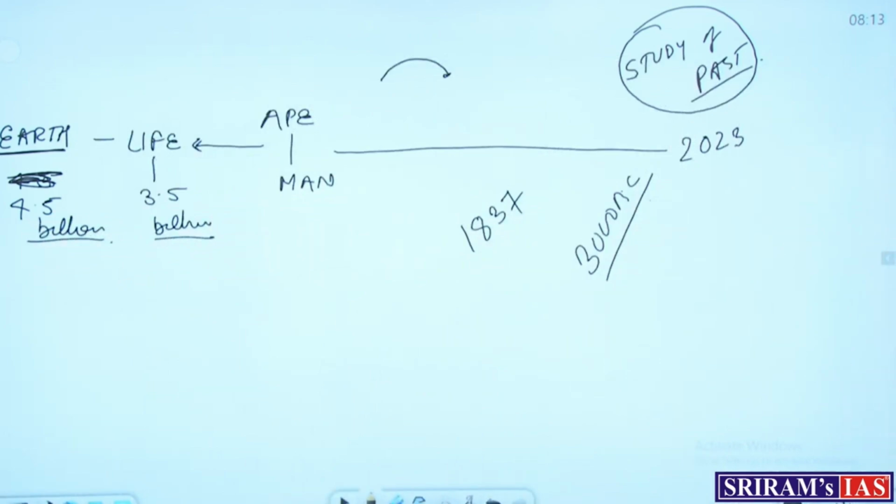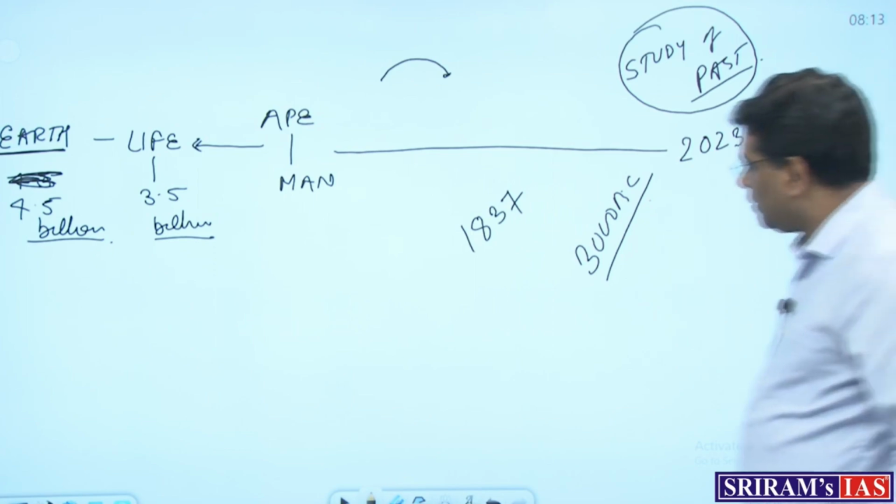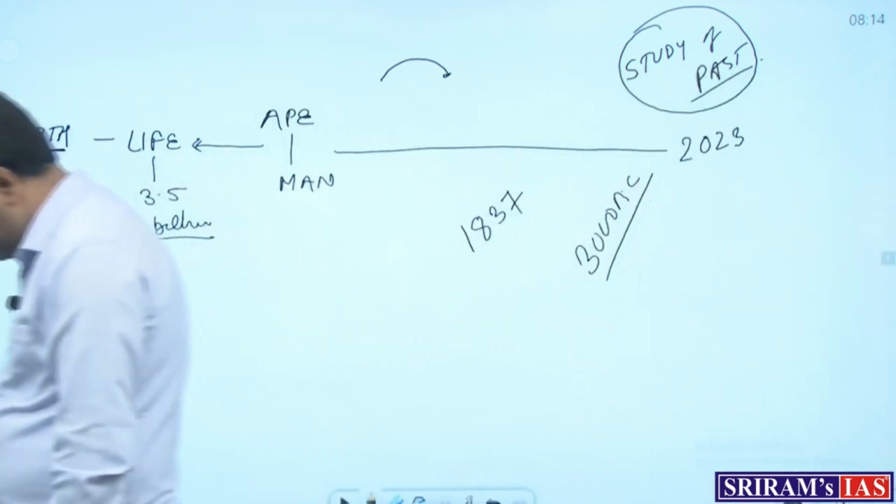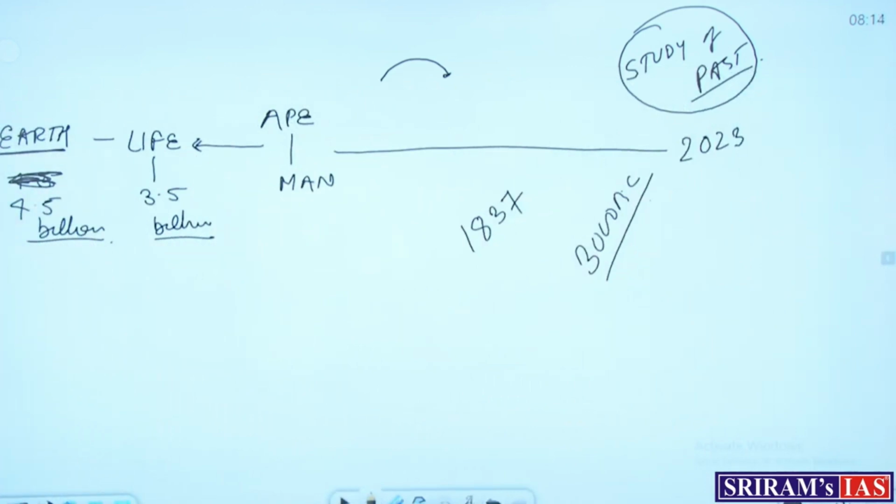Second thing, those events of the past which have big impact on the future, social, economic and political life of humanity.